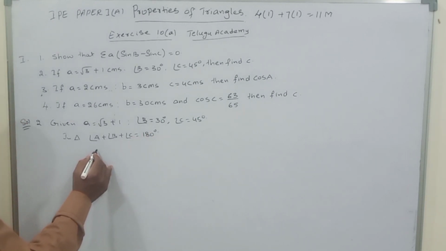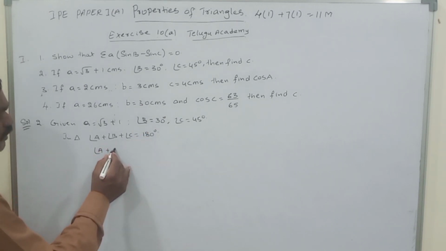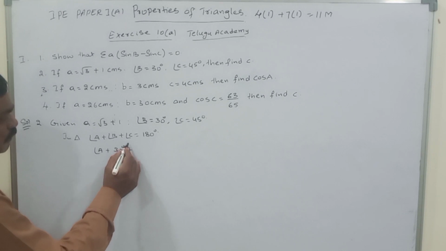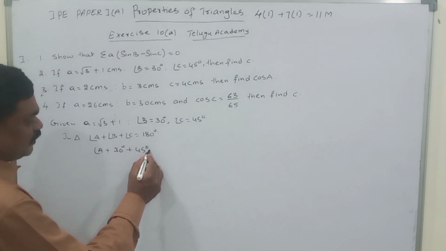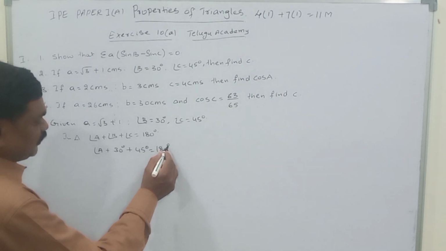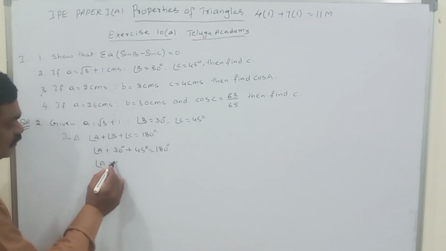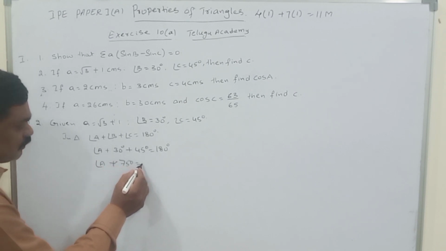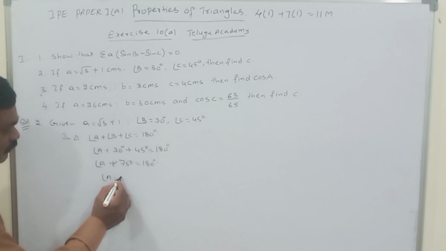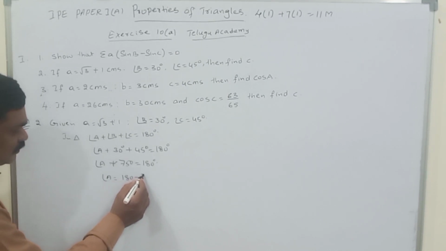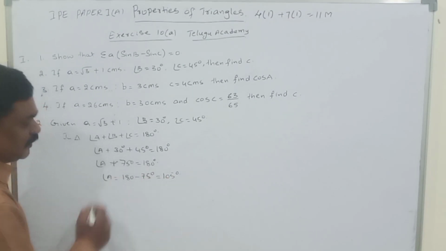So angle A plus 30 degrees plus 45 degrees is equal to 180 degrees. Angle A plus 75 degrees is equal to 180 degrees. Angle A is equal to 180 degrees minus 75 degrees, which is 105 degrees.